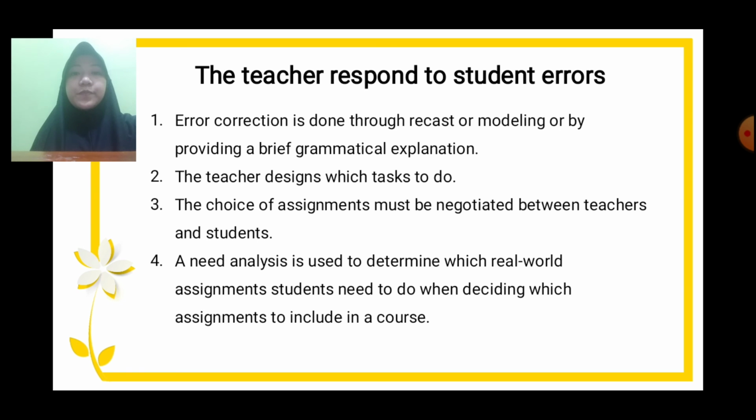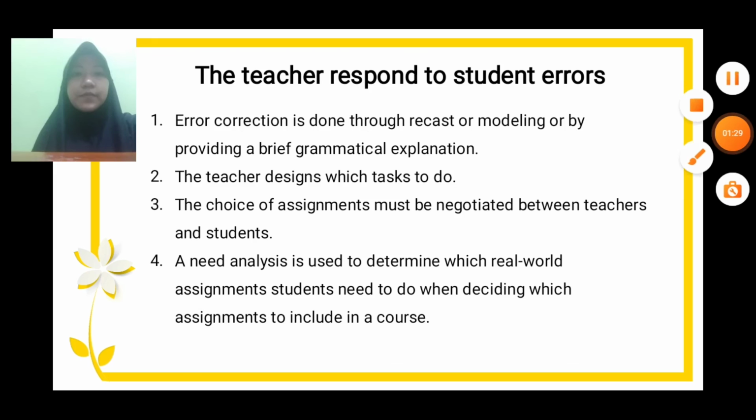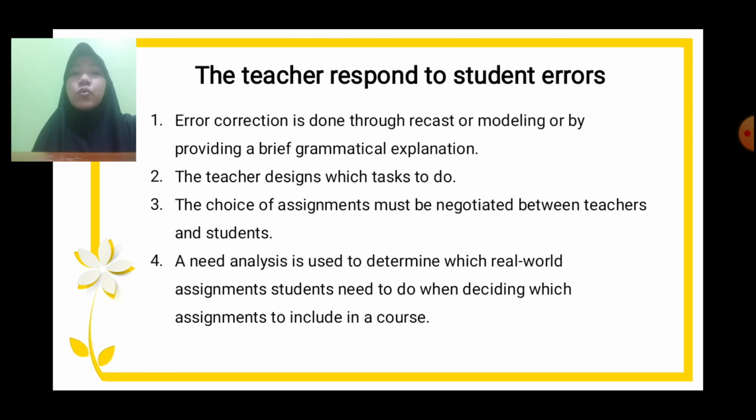Number 3. The choice of assignment must be negotiated between teacher and students. Number 4. A needs analysis is assessed to determine which real-world assignments students need to do when deciding which assignment to include in a course.